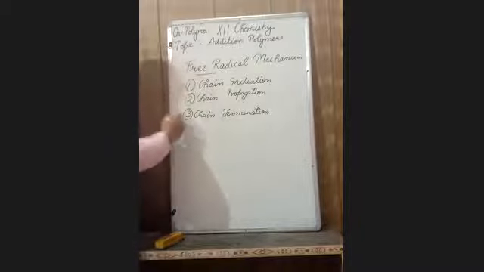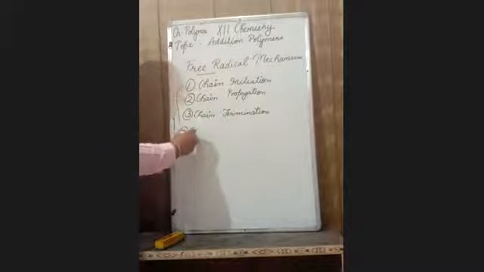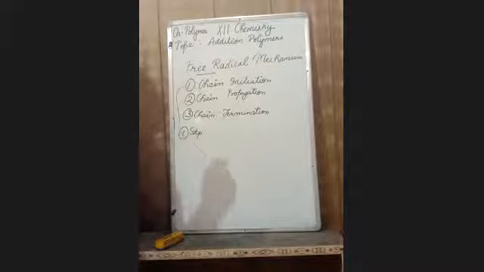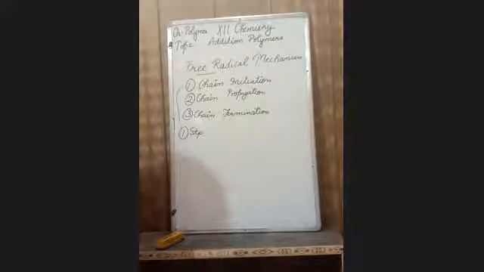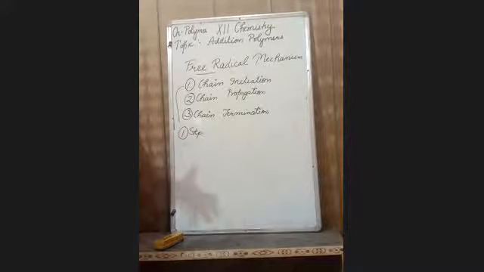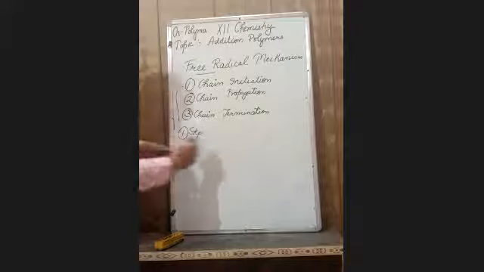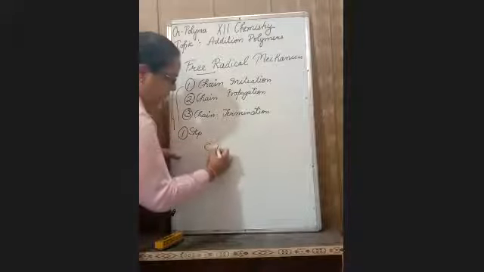So first I am taking step 1. You have seen that for some of the monomers we are taking benzoyl peroxide as catalyst. What is the role of benzoyl peroxide? It initiates the reaction. How? This is benzoyl peroxide.